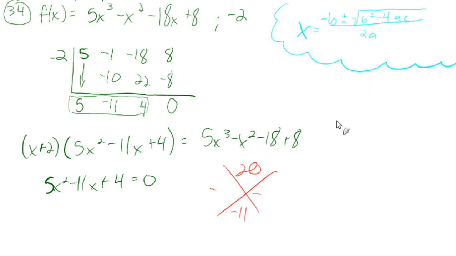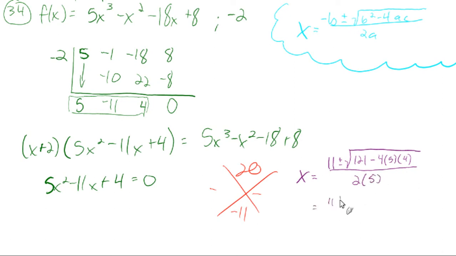Let's use a different color. So our zeros are going to be negative b, that's going to be a positive 11 now. Negative 11 is positive 11. Square root of b squared, that's going to be 121. Minus 4 times 5 times 4 over 2 times 5.